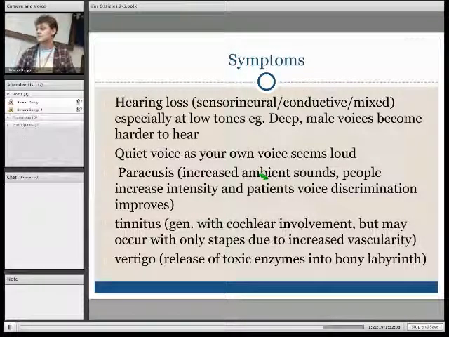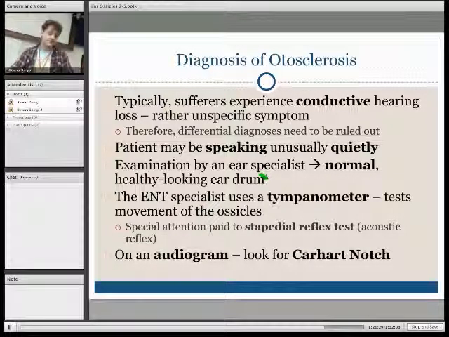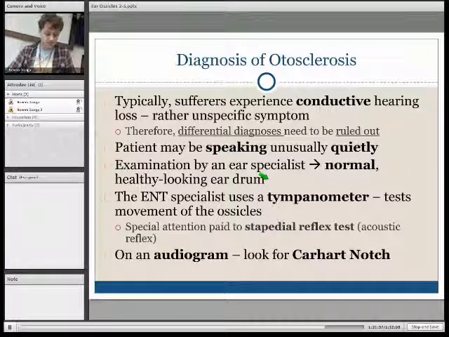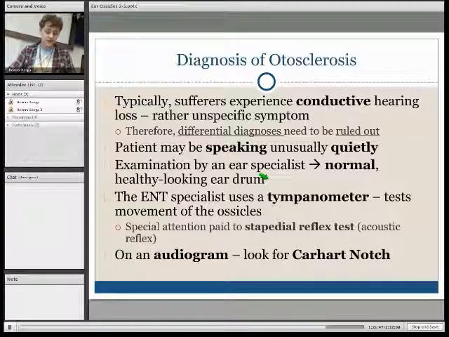And tinnitus and hearing loss, as I've said, are fairly generic symptoms, which makes it hard when you come to diagnosis, because you then have a lot of differential diagnoses to rule out. This includes acute otitis media, cholesteatoma, fracture, dislocation of the ossicles, and other growths or obstructions of the movement of the ossicles within the middle ear.